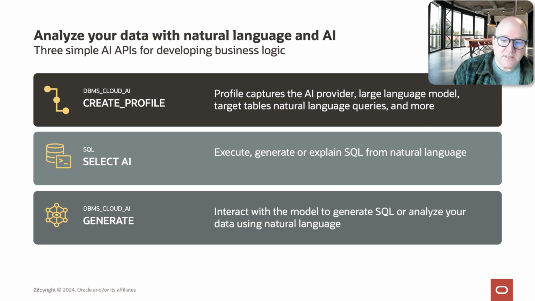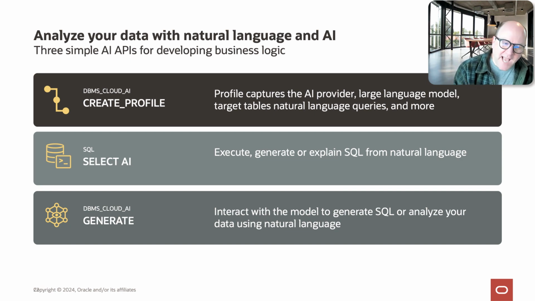The second is, well, I want to run some SQL. We've extended SQL in Autonomous Database with an AI keyword. And so you can now, through SQL, say, select AI, what are my total sales broken out by movie genre? You ask the question in your language, in a select statement. We'll dig into that a little bit.